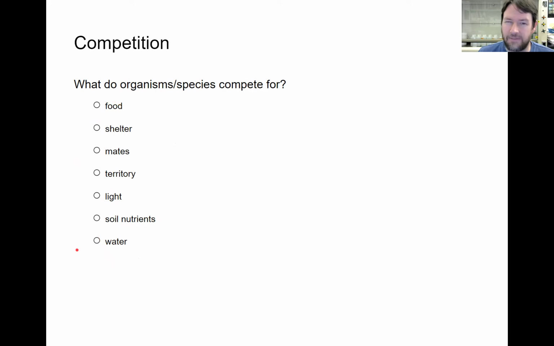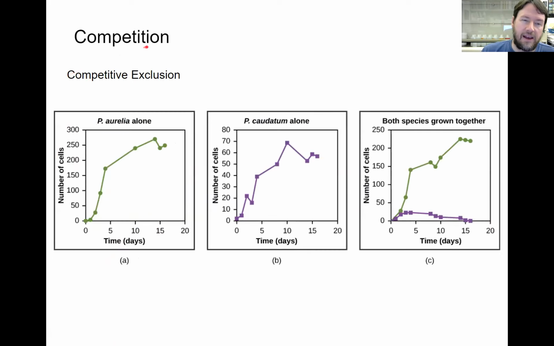species could compete for. Well, remember that competition is an interaction where both species are harmed. So there's a lot of selection pressure to avoid competition. To give you an example, these are some graphs of populations of Paramecium.